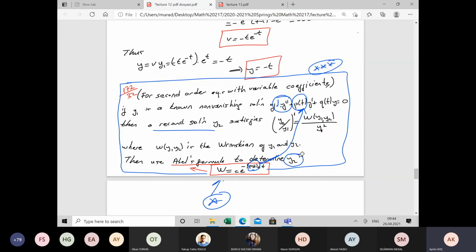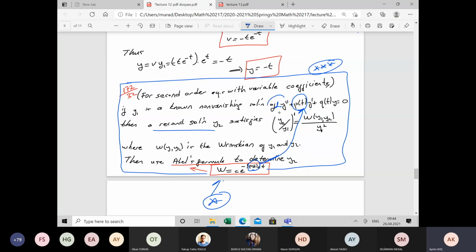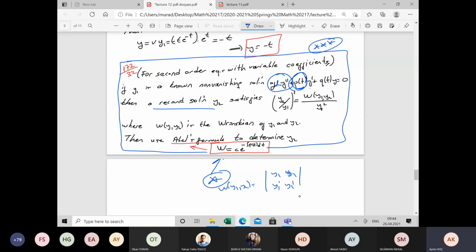Be careful: our differential equation should be in standard form. The coefficient of y double prime should be 1 and the coefficient of y prime is p of t. The Wronski determinant is the determinant of y sub 1, y sub 2, y sub 1 prime, y sub 2 prime, but if we don't know y sub 2, we use Abel's formula to compute the Wronskian.